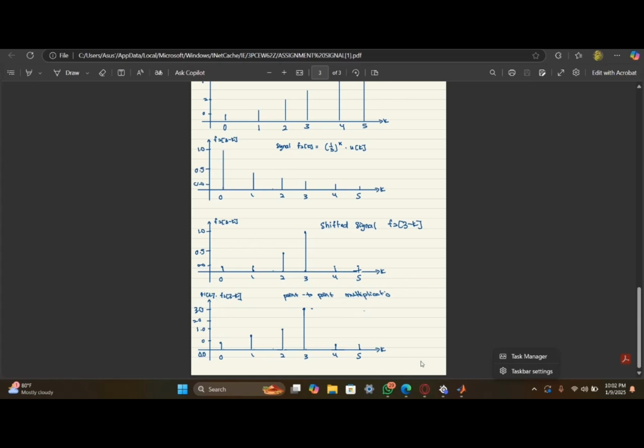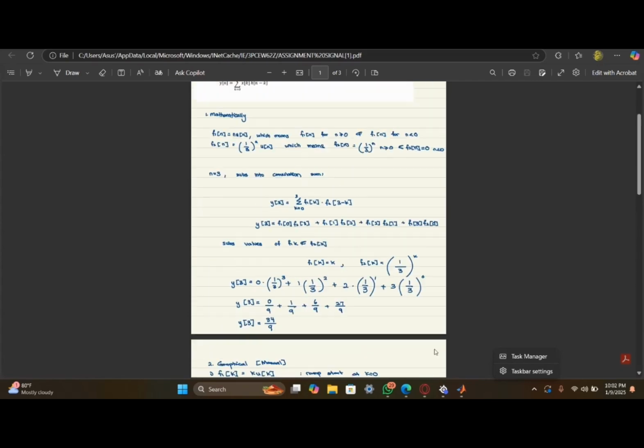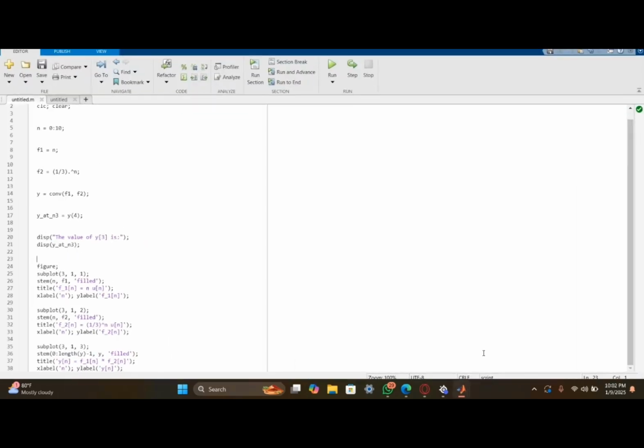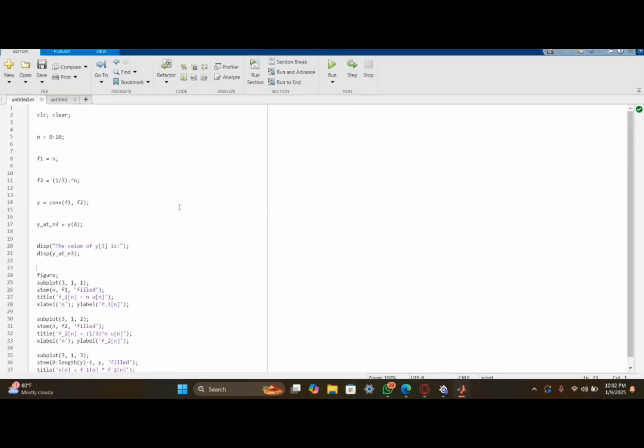Then for question 3, which is the MATLAB, we have done the coding. This is the coding.